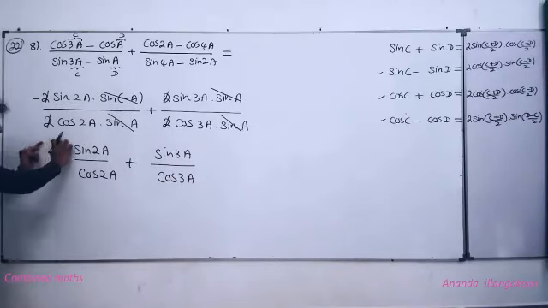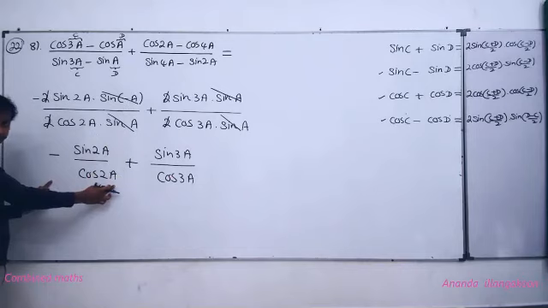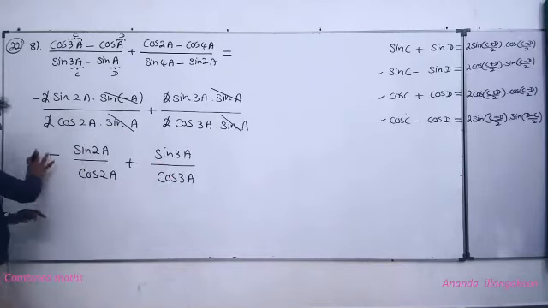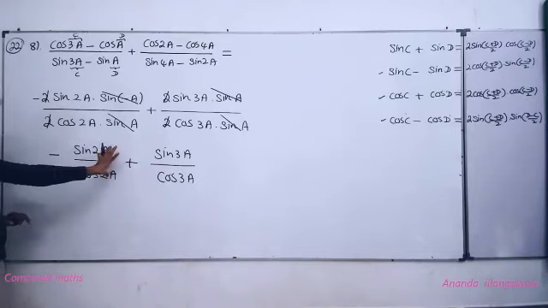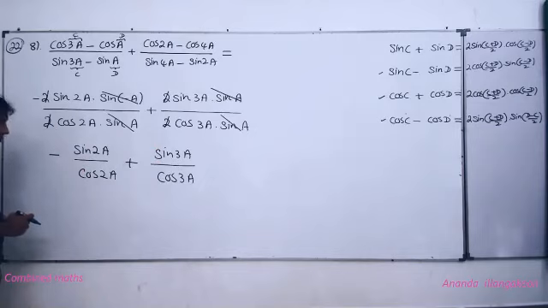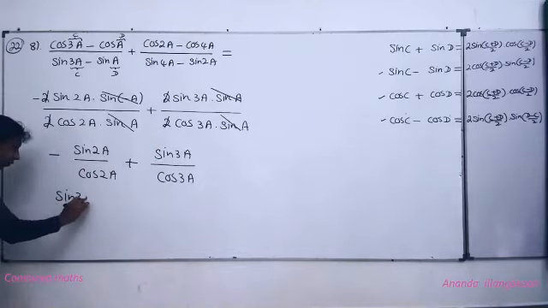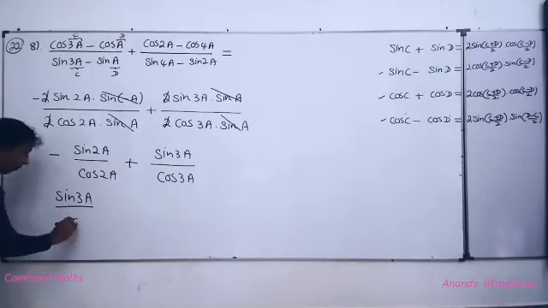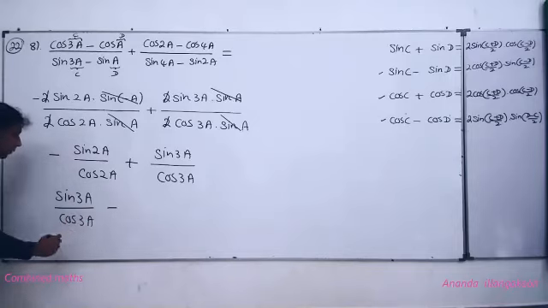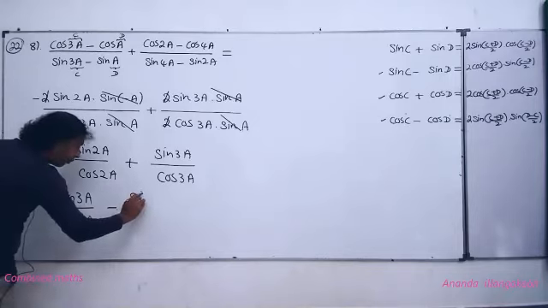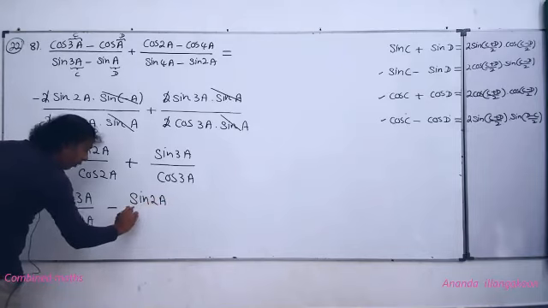Now this whole term is negative, people. Right. Now I can write this here, then minus this, the same thing. Now if I write that one to give you a clear picture, sine 3a divided by cos 3a minus sine 2a divided by cos 2a.